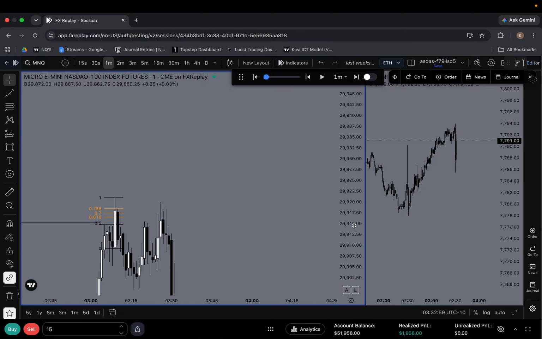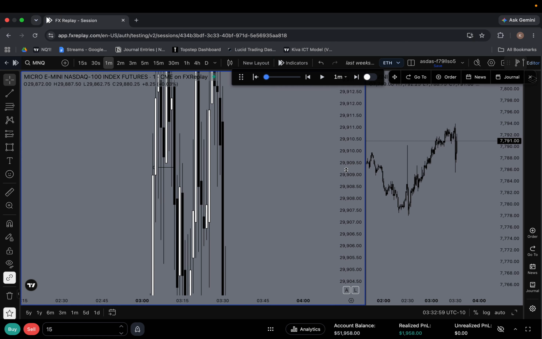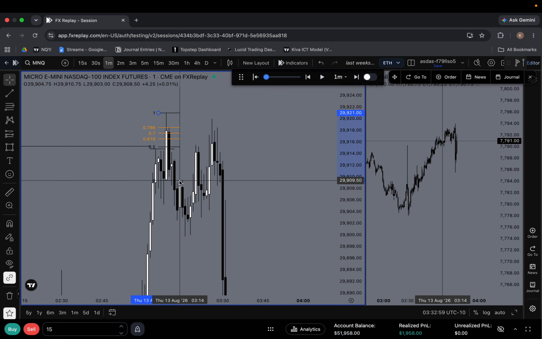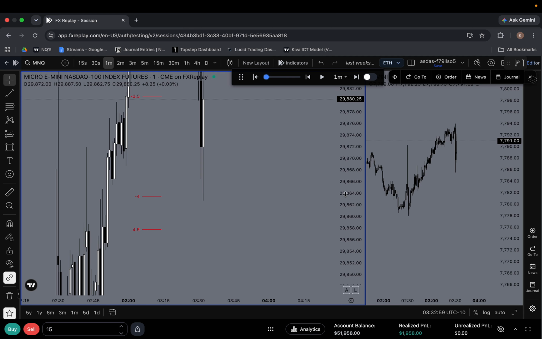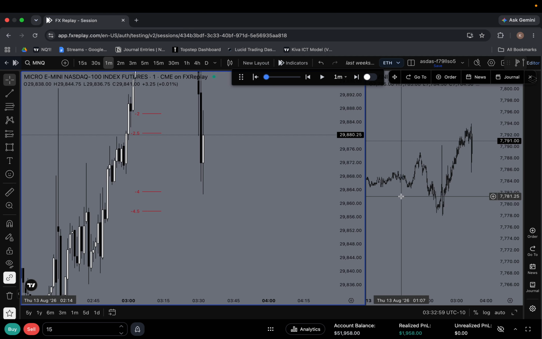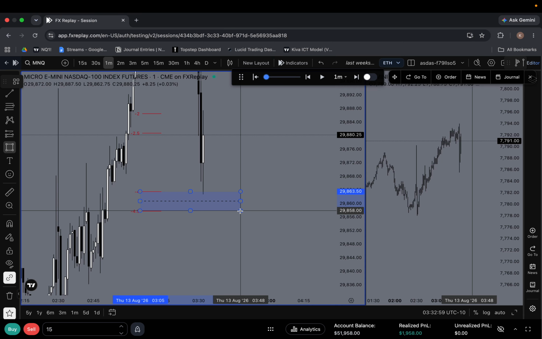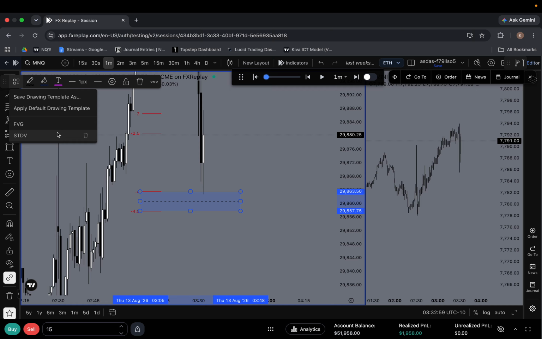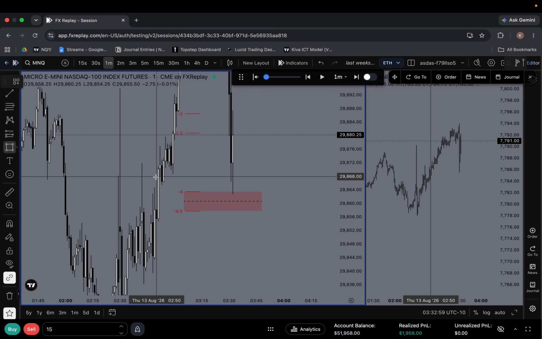Alright, -4 gets met perfectly. Holy. Perfect reaction off that -4. And we're inside of this gap here, right?